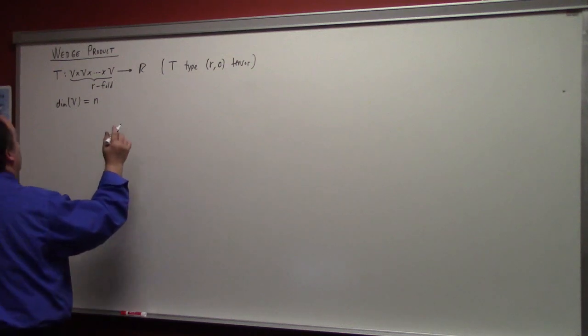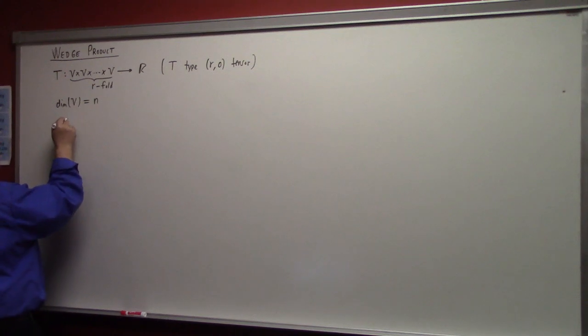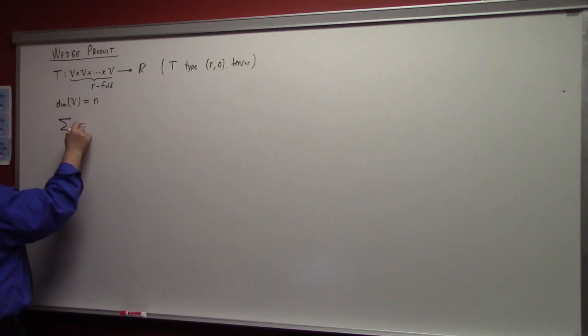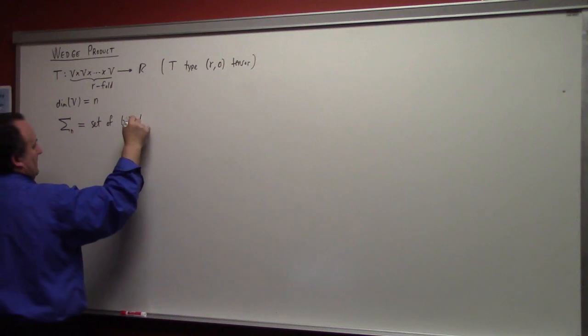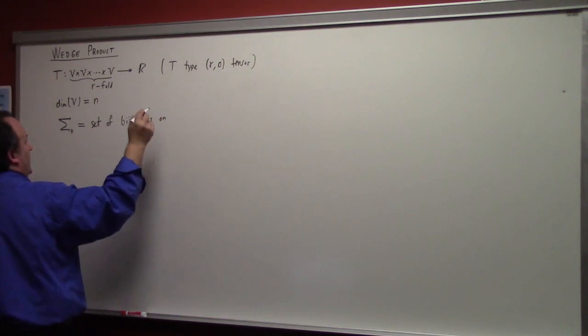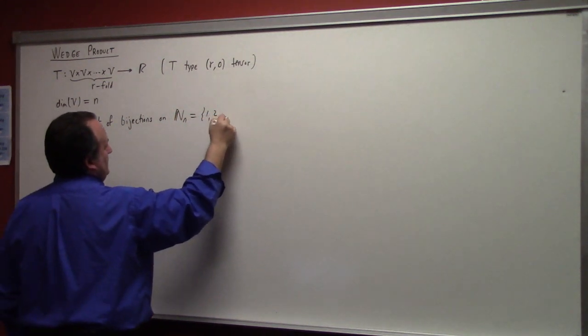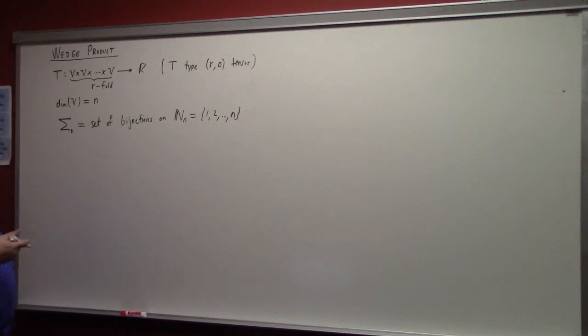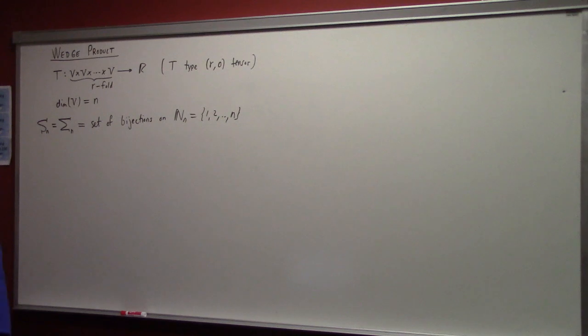All right. And so sigma n, I think, is just going to be the set of bijections on the set {1, 2, ..., n}, so it's permutations. I guess typically in mathematics we just call this what? The symmetric group, right? S_n. Yeah.